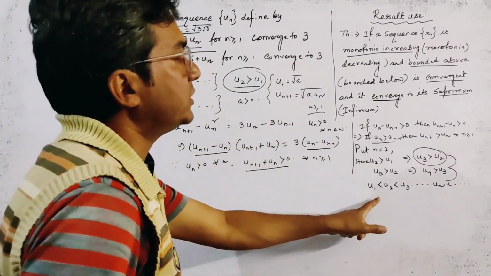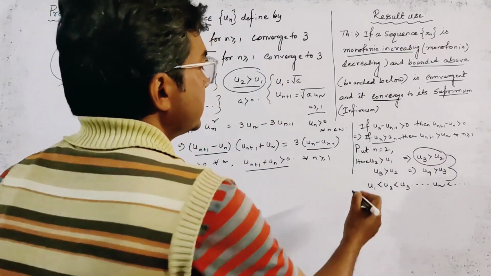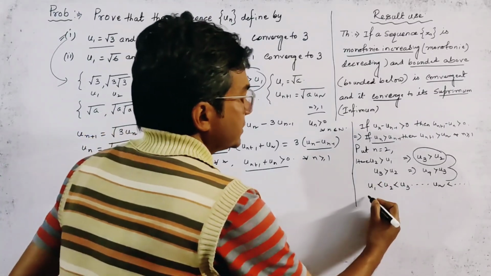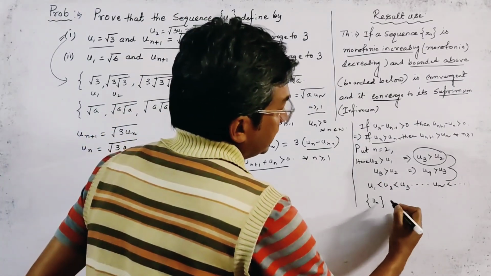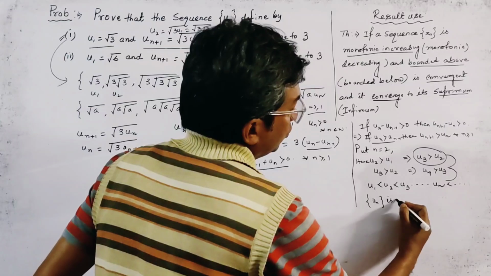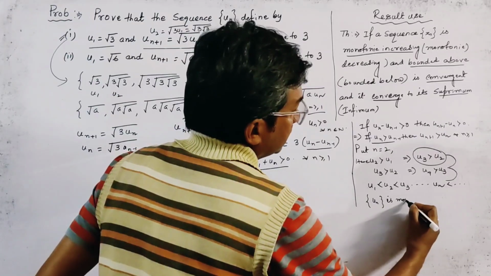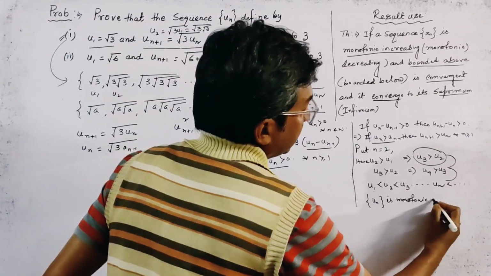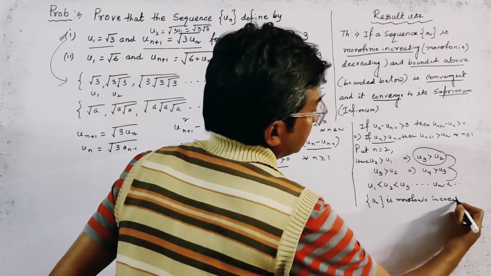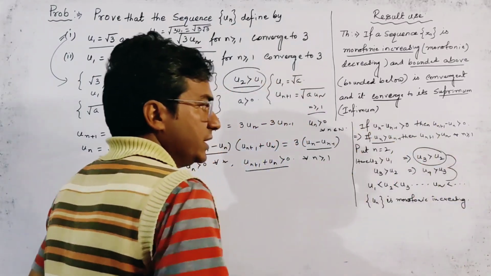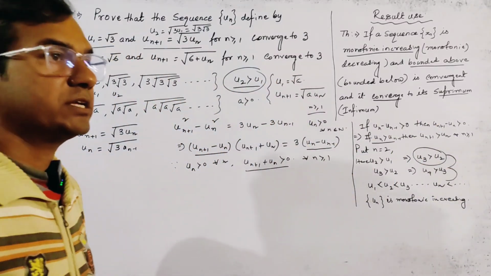For this case, we write that the sequence un is monotonic increasing. This is the definition of monotonic increasing.